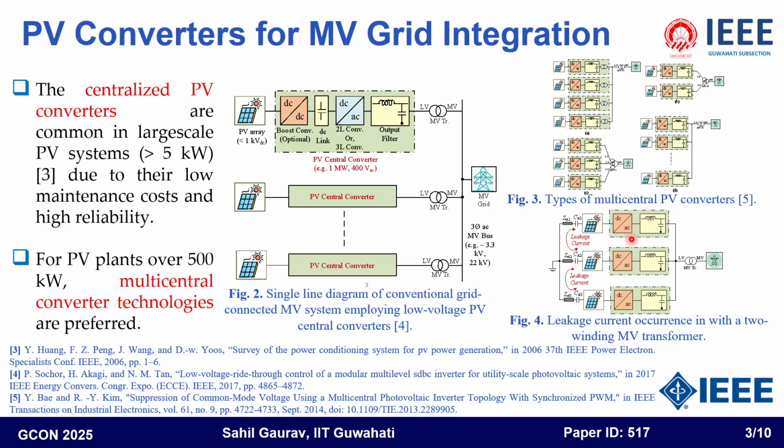Now, this figure shows one form of leakage current occurrence in a multi-central transformerless PV converter with a two winding MV transformer. One thing I want to point out here is that when grounding of the PV module is not essential, the use of a multi-winding MV transformer is not desirable.